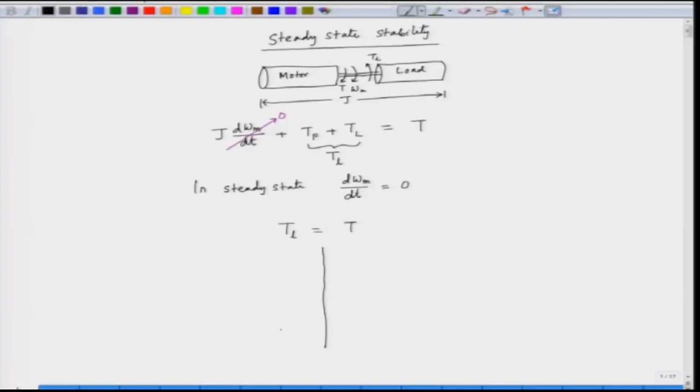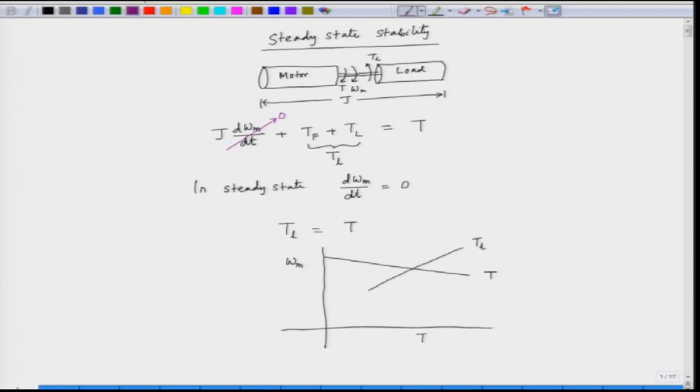So, we have, let us say, the speed torque plane, omega m and T here, and let us say this is our motor characteristic, T, and we have the load characteristic, which is this one, T L, and the intersection of these two decides the operating point.